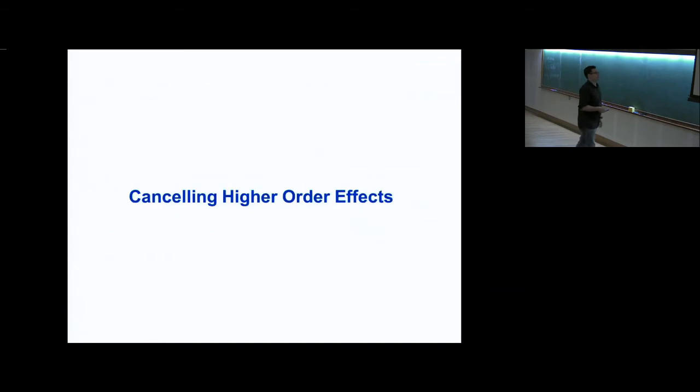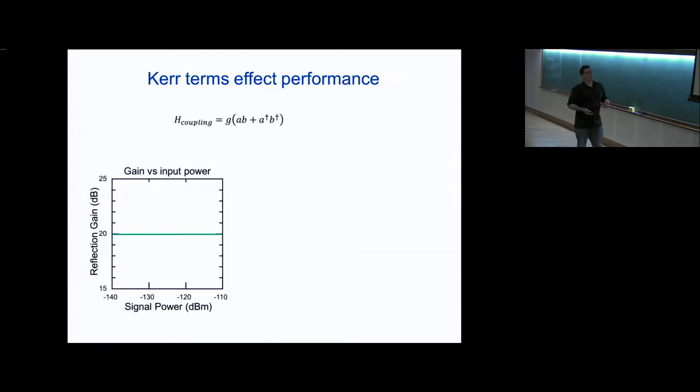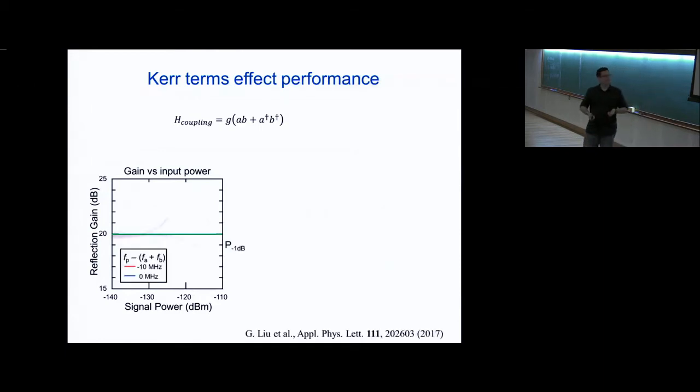So, canceling higher order effects. Those Kerr terms, the fourth order terms that are basically pairs of number operators like A dagger A, or A dagger A, B dagger B, self and cross Kerr terms, it turns out are playing an important role here. If you just start again with your coupling and the stiff pump approximation, you should have no saturation.